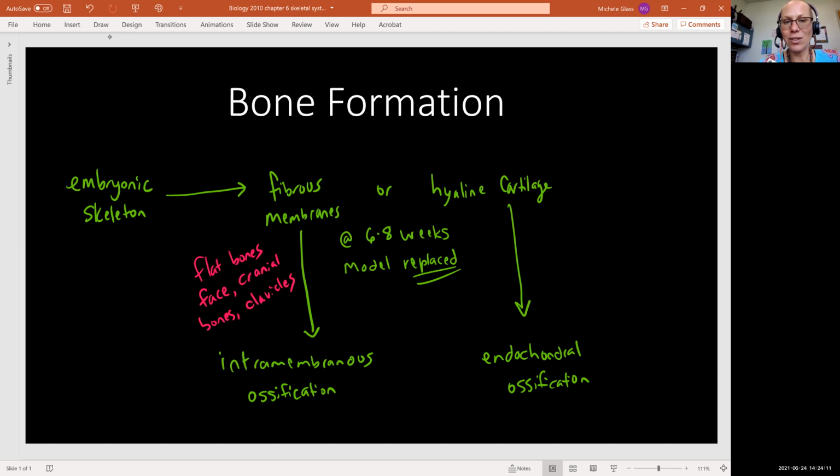So the hyaline cartilage framework being converted to bone through endochondral ossification, or instead of converted, remember, let's say replaced, will be the dominant, most prevalent type. So all of the rest of the bones are going to be formed through endochondral ossification.